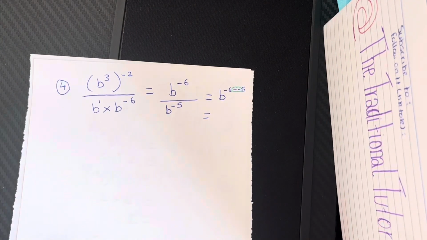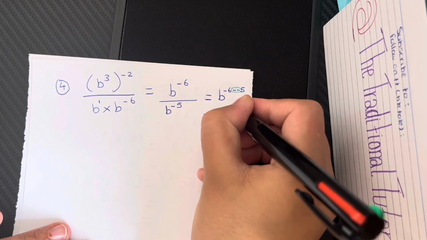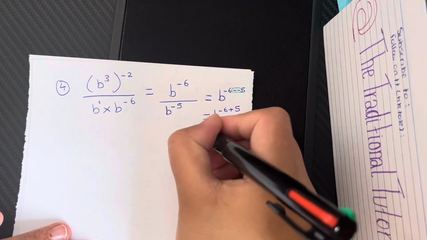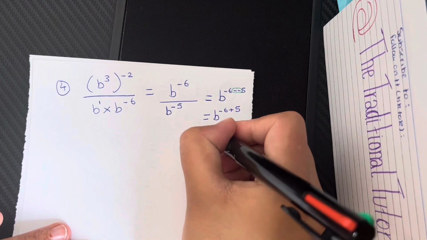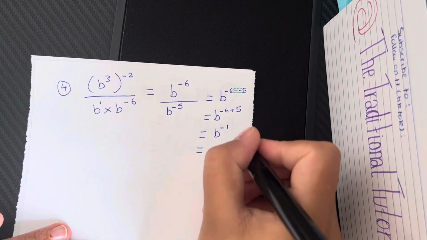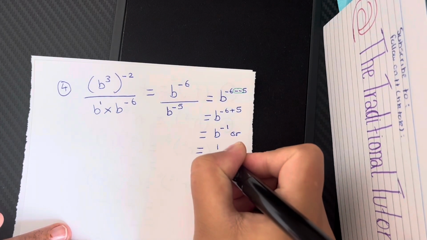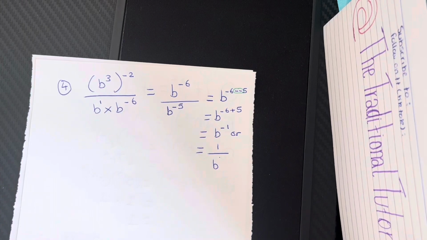So therefore that turns into a plus sign. So that means I'm actually doing b to the power of negative 6 plus 5. Okay, and that leaves me with b to the power of negative 1, which, remember I said, can also be written as 1 over b to the power of 1, or just 1 over b, okay?